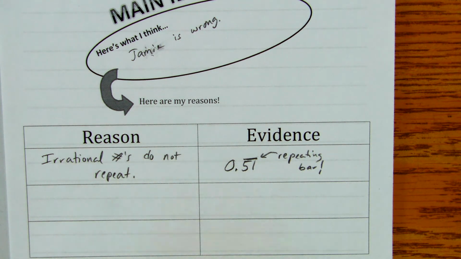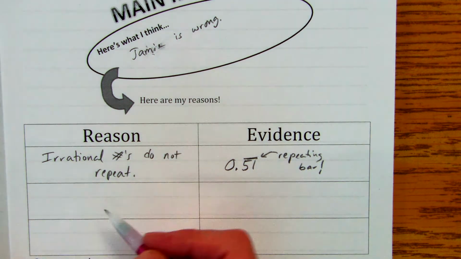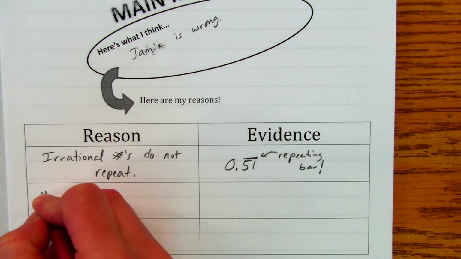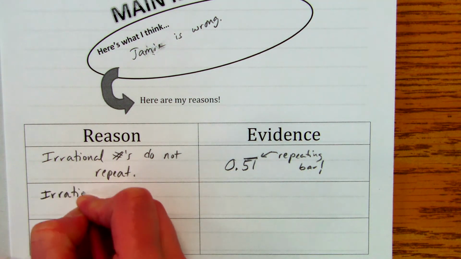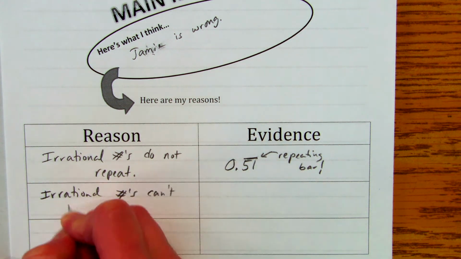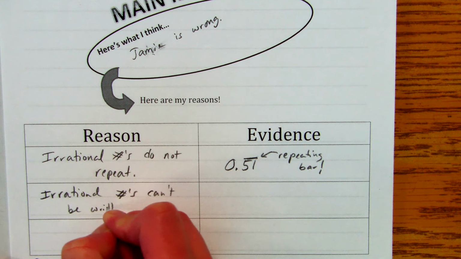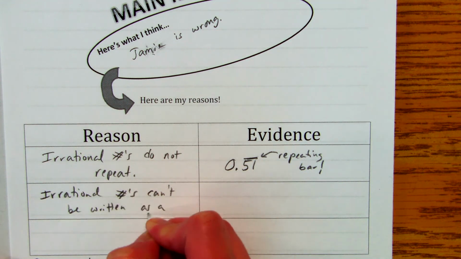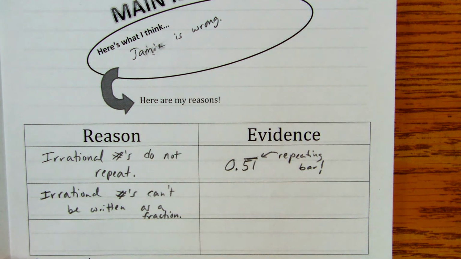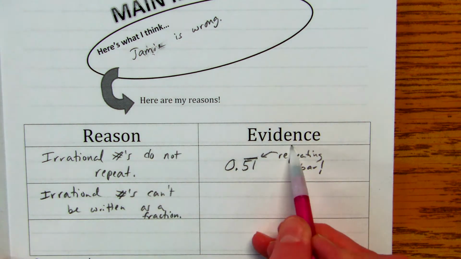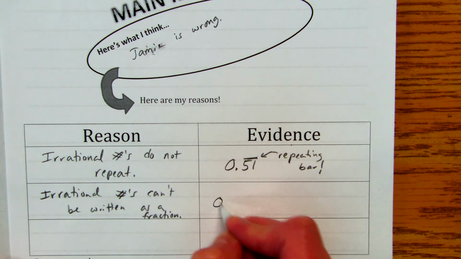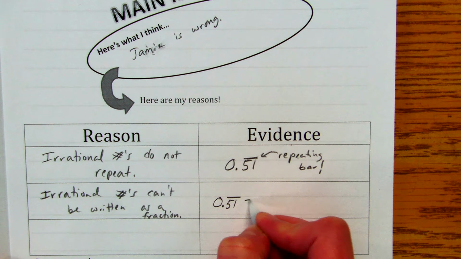So irrational numbers can't be written as a fraction. I think TJ actually had that in your little paragraph too. So our evidence for why this is not irrational is we would write this as a fraction.